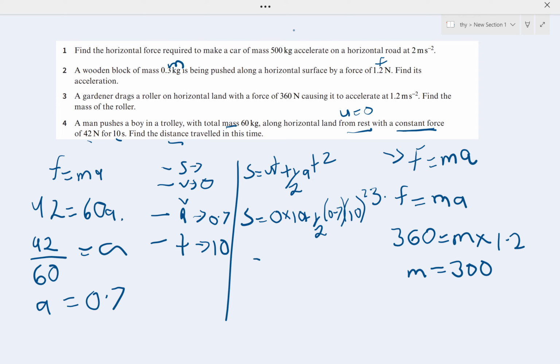So 0 times 10 is just 0, plus a half times 0.7 times 100. What's that equal to? 0.5 times 0.7 times 100. That's going to be 35. So our displacement is 35 meters. And that's how you do the question.